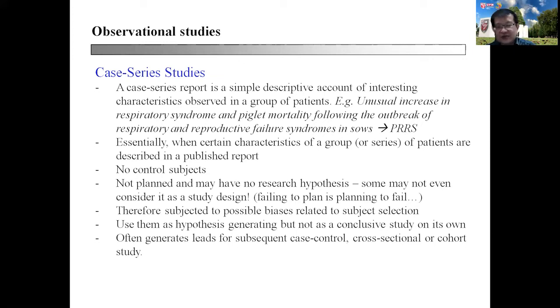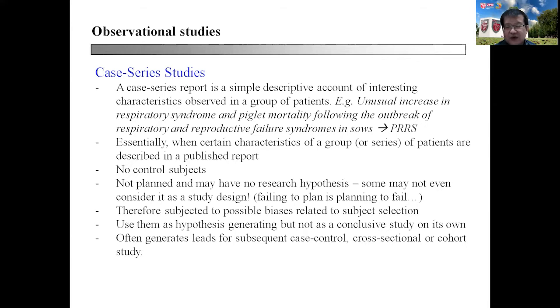In this case, since we're talking about case series, there are no control subjects, and this will bring about some challenges or some aspects of the studies which are going to be questioned by the general masses. And since this case series study is actually not planned, it may not even have a research hypothesis.